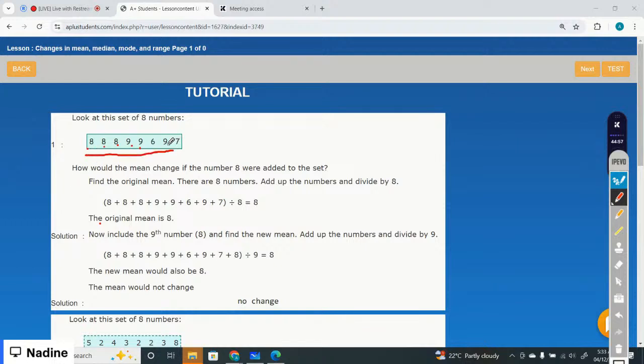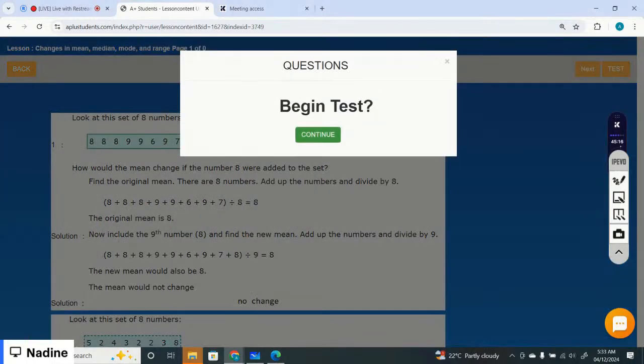If you calculate the mean for these numbers, the mean is 8. Now add the ninth number. The ninth number would be 9. When you calculate the mean, that is also 8. That means no change. Let's test questions.